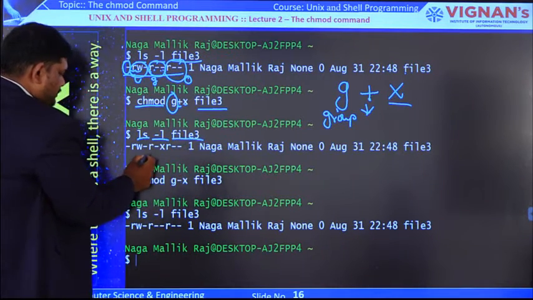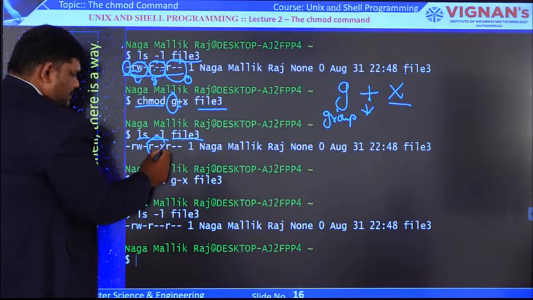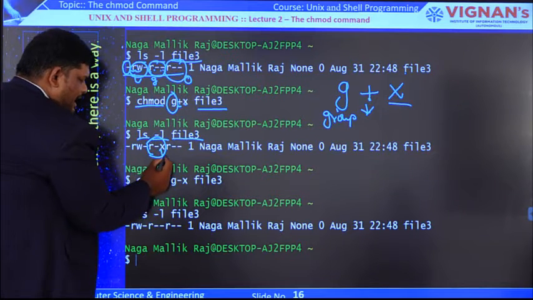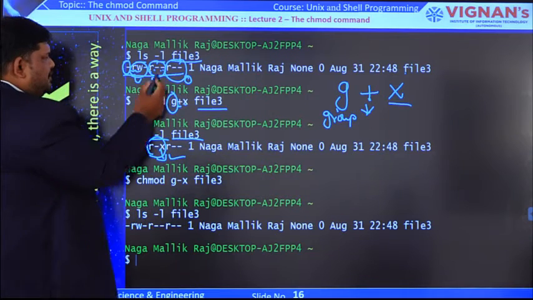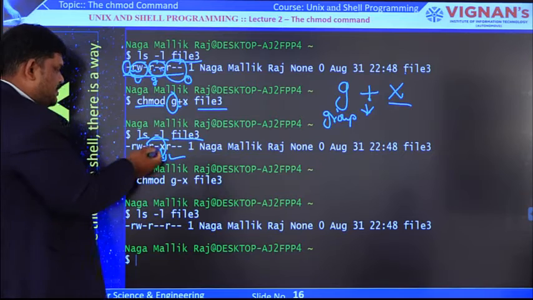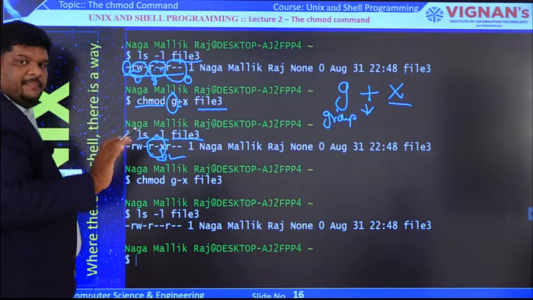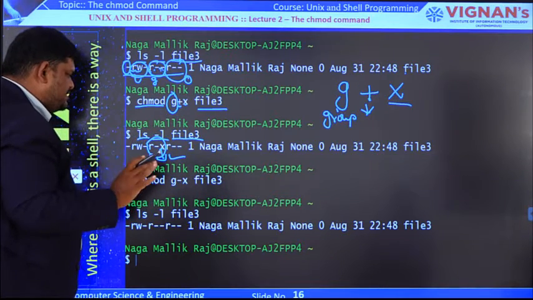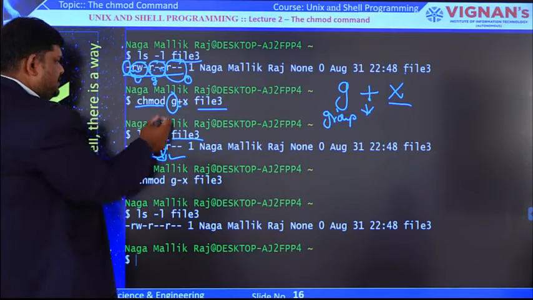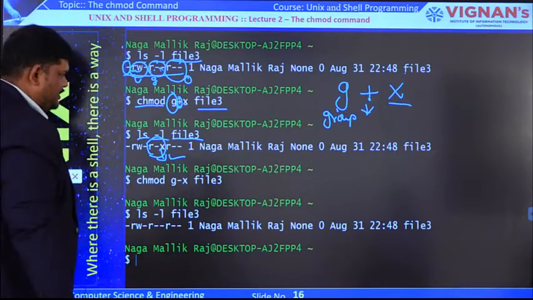If you check here, group, read is there, execute is also added. Before that there was no execute permission, now it is added. Read permission is as it is, no effect; we are only adding execute permission to the group. So in this way we can use the plus operator.